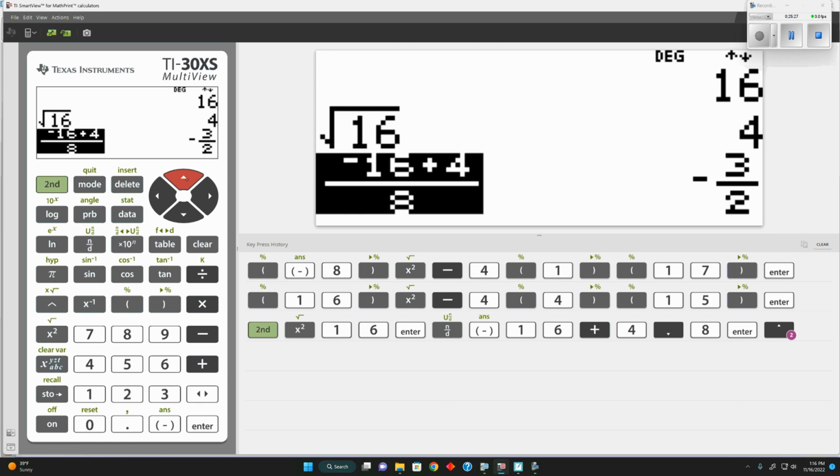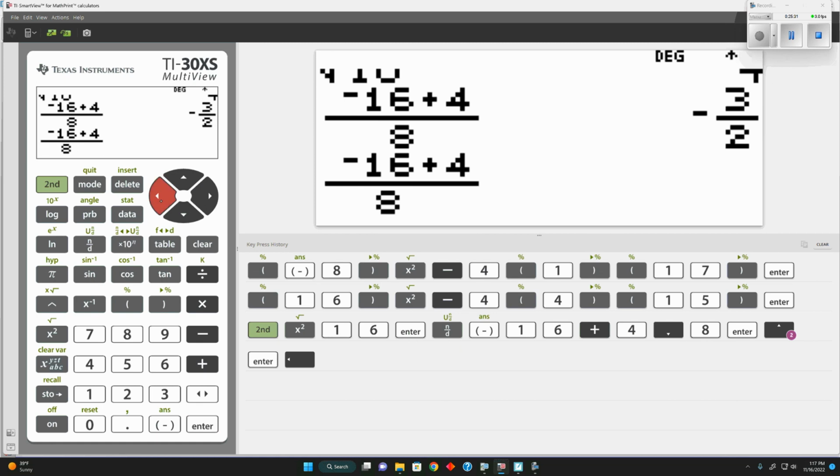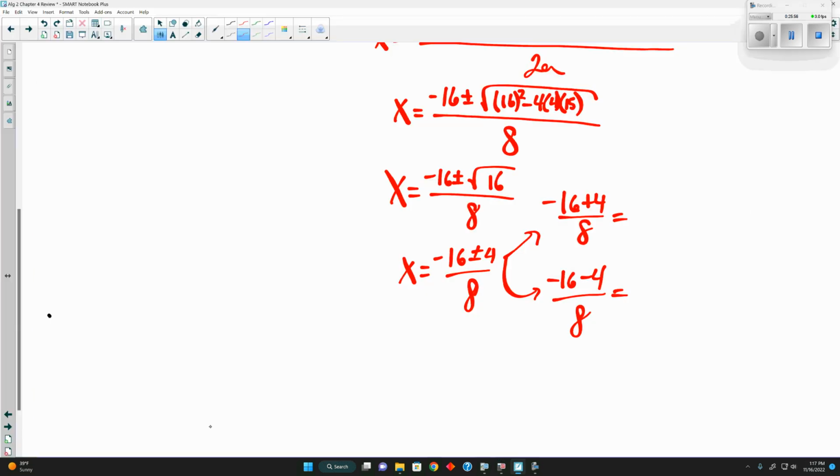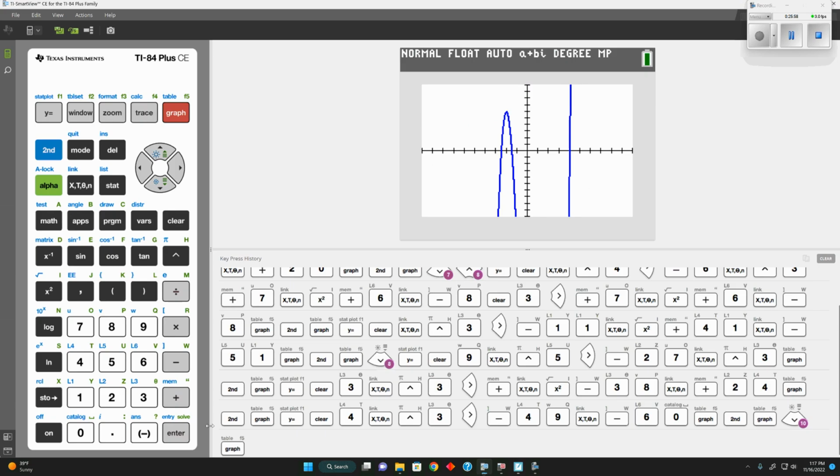And we've gone over how to highlight, or we can hit up twice, highlight it, hit enter. Because what's the main difference between the two? It's now minus, yes? So the other one is negative 5/2.